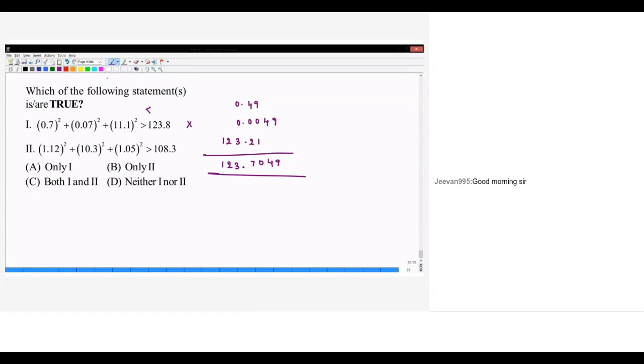1.12 square is 1.2544. 10.3 square is 106.09. 10.5 square, so 1.05, you can say it is 11025, because we know the square of 105 is 11025.